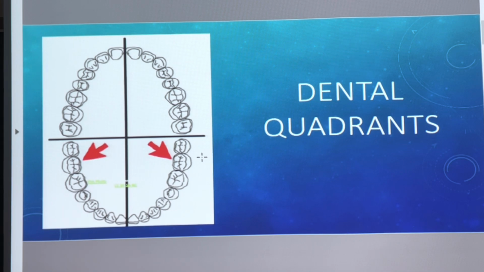And so a lot of dentists will say, we're working in the upper right quadrant today. So that way you'll know exactly what to set up, how much to set up for, and make sure that for insurance purposes and charting that you're getting the correct tooth number and arch.